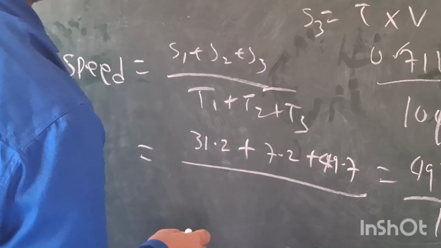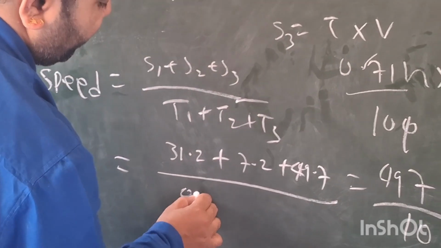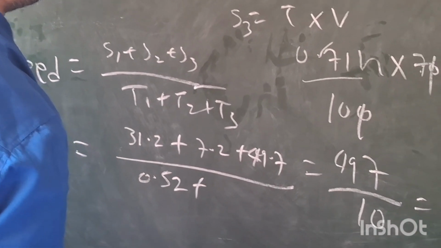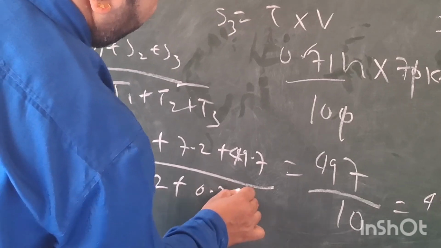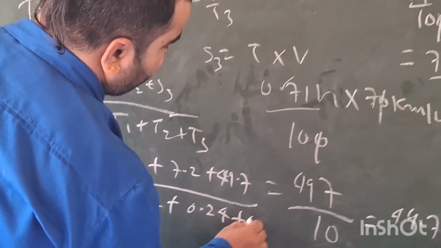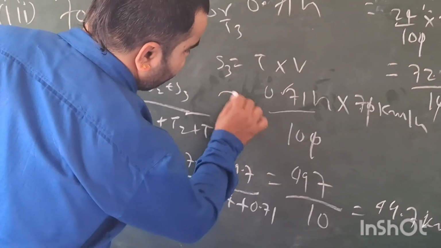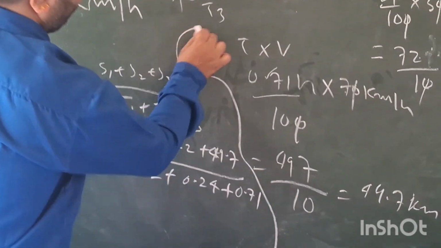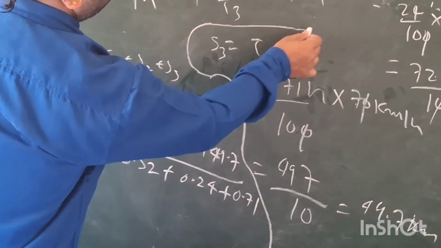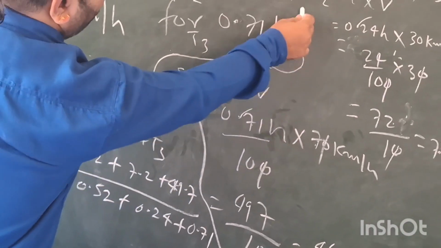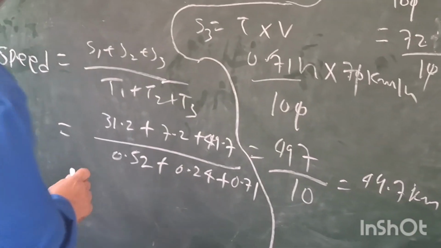What is T1? 0.52 plus 0.4 plus 0.71. Add up. Okay. What will you get after adding up?